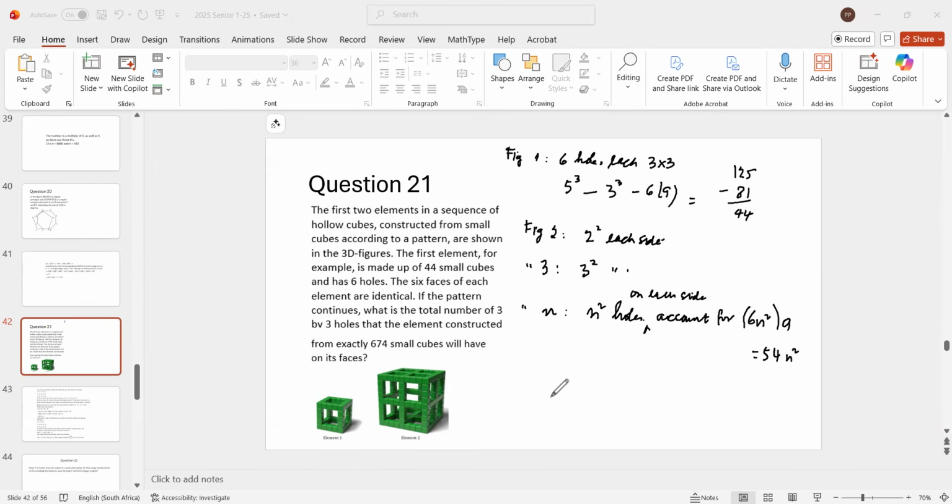Now what I'm doing here is counting the amount of holes, cubes which have been removed. And this 54n squared equals the number of small cubes removed from the sides to make 6n squared holes.